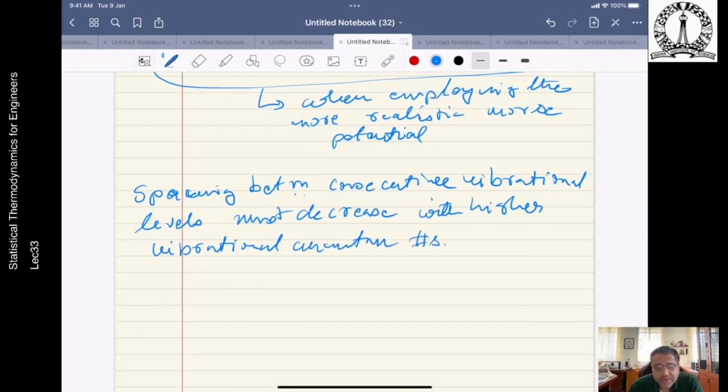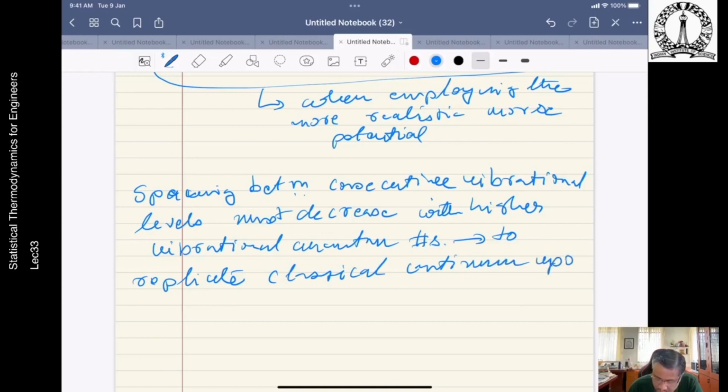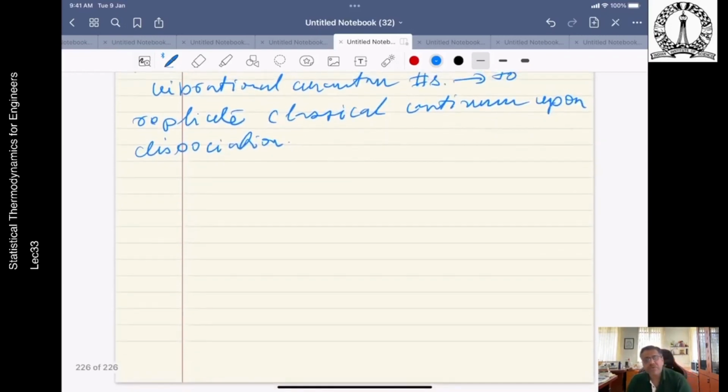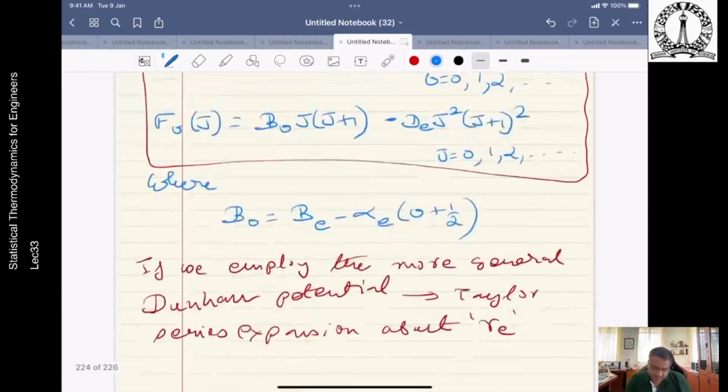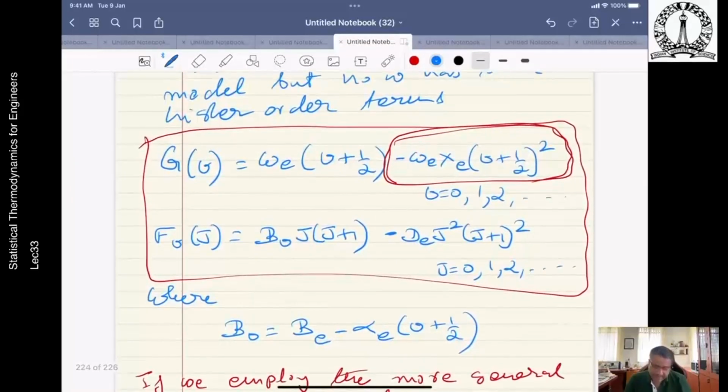So this is to replicate the classical continuum upon dissociation.